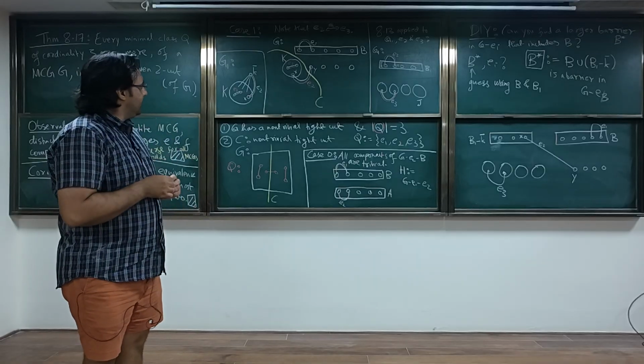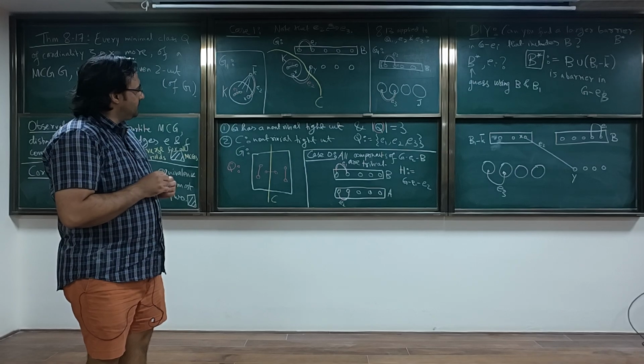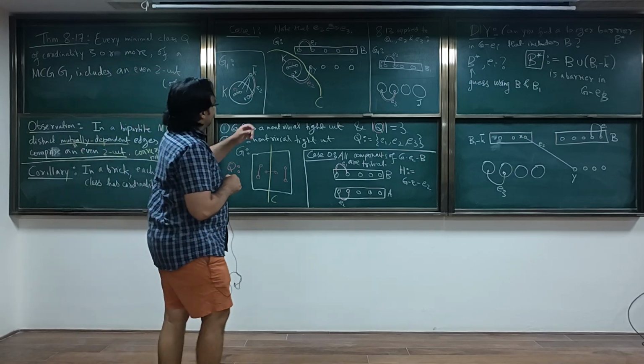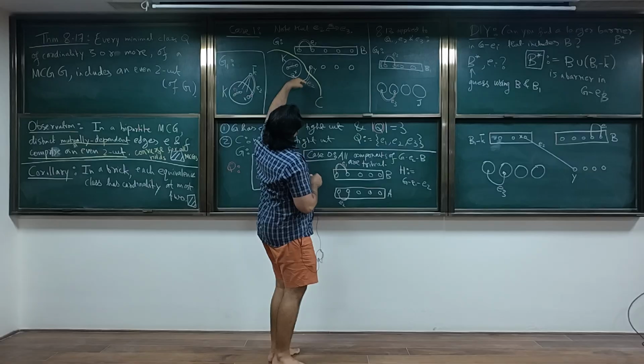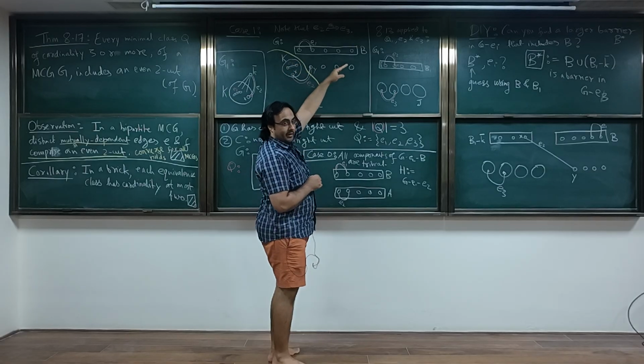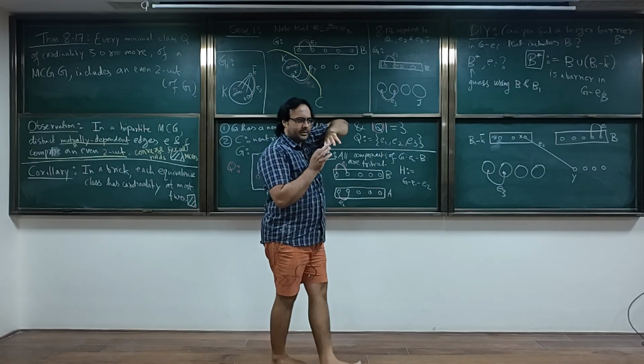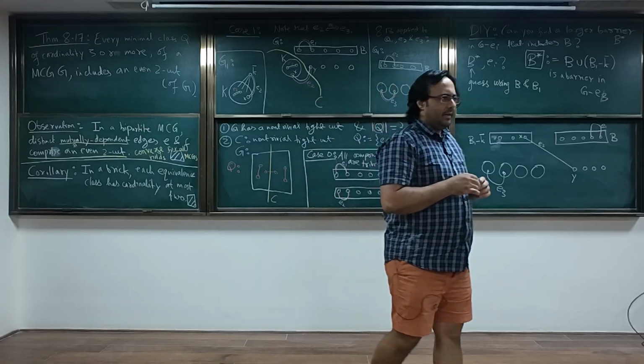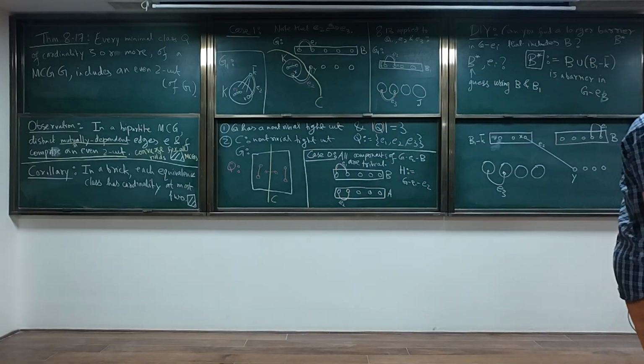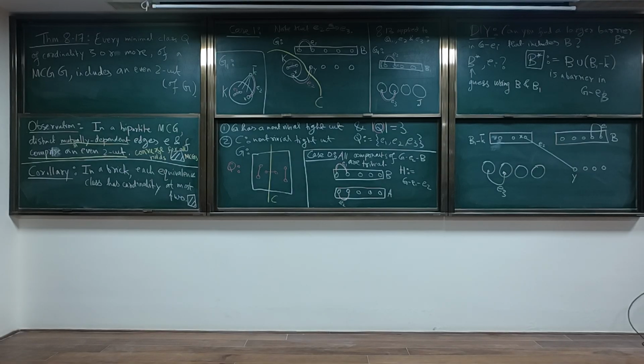So what Santosh is saying is, we know that in G minus E2 there is a barrier containing the ends of E1. Now just take a maximal barrier in G minus E2 that contains the ends of E1. Because it is maximal, all the odd components are factor critical.